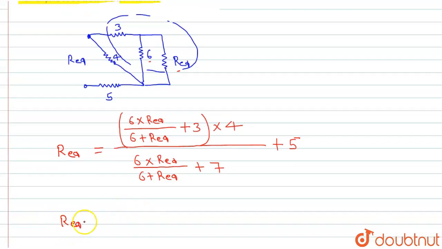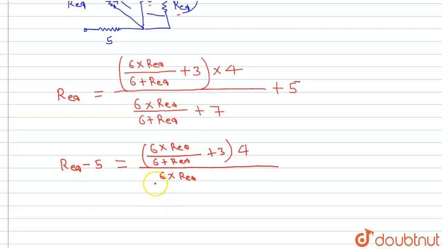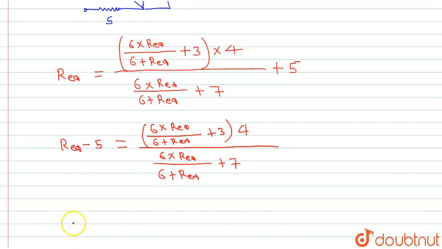Now R equivalent minus 5 is equal to 6 into R equivalent divided by 6 plus R equivalent, plus 3 into 4 divided by 6 into R equivalent divided by 6 plus R equivalent, plus 7. Clear? We have to solve this, and after solving we can find the R equivalent.